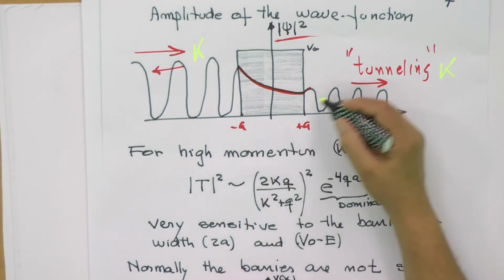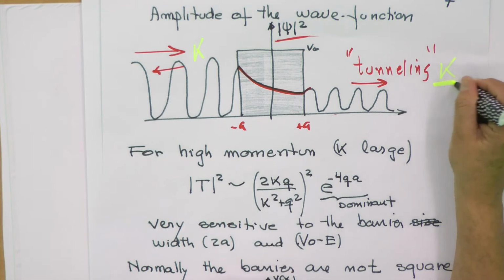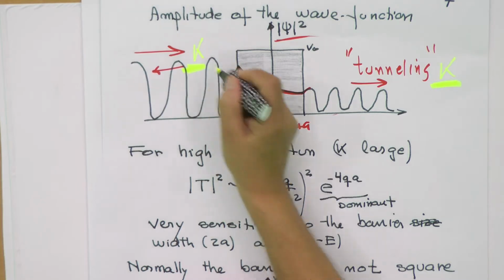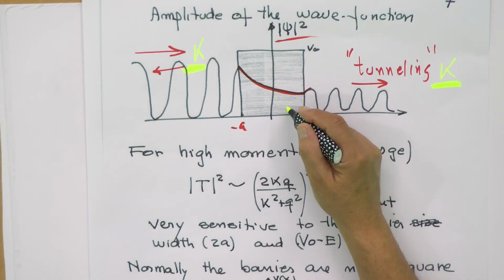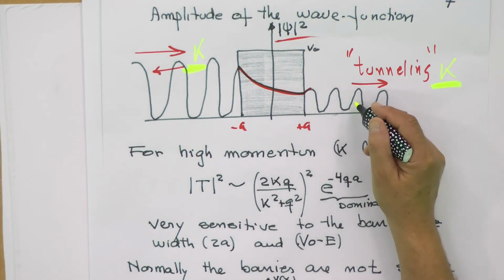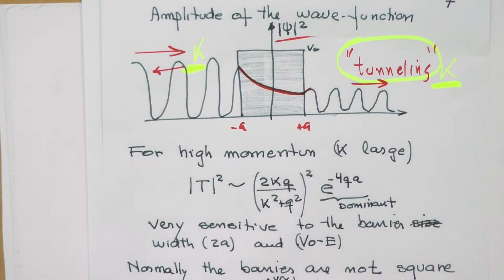Now, why is this amplitude smaller? Because the probability is smaller. But once the particle passes, it has the same energy as before. It's not that this slowed down the particle. This did not slow down the particle, it only reduced the probability of coming to the other side. This is very important. Two notes.